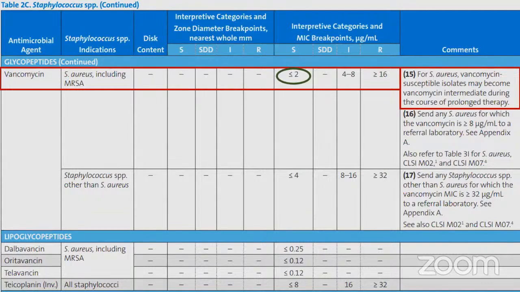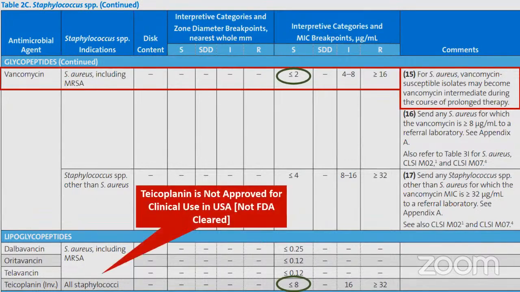So if you see the breakpoint MIC, that means the MIC below which the isolate is likely to respond clinically, that is 2 or less than 2 in the case of vancomycin, whereas teicoplanin is still investigational as per CLSI, and CLSI is an American document, mind that. CLSI still writes it as investigational because it is not approved for clinical use in the USA, as it's not yet FDA cleared.